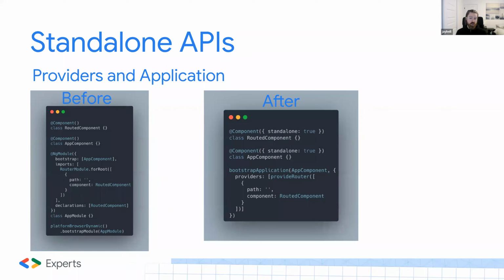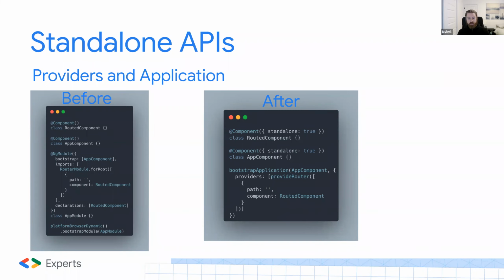Now, if we switch everything to the standalone APIs, we already went through the component stuff, so you just add standalone true and there's no need for additional modules. But now we can call bootstrapApplication. That's a little bit clearer than the platform browser dynamic function call bootstrapModule and then passing some providers to it.